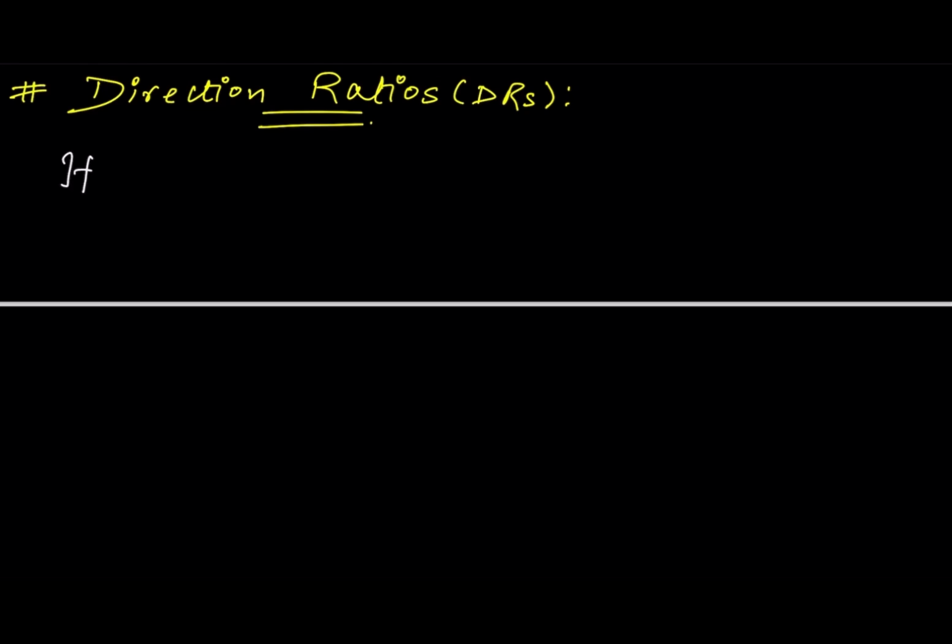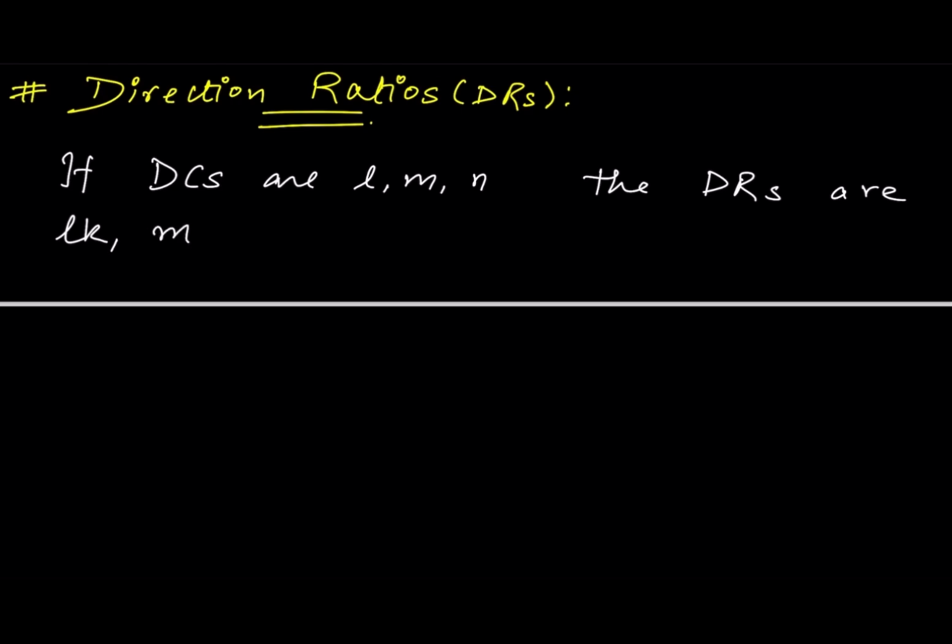If DCs or direction cosines are l, m, n, then DRs are lk, mk and nk, where k is any scalar, right? That is what I am saying.